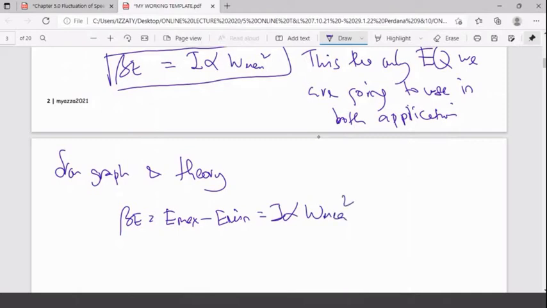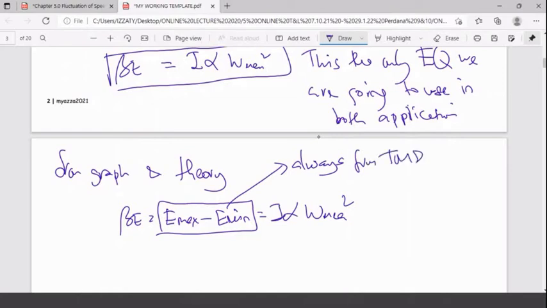And remember, yeah, this one always comes from the turning moment diagram, which provides you basically from energy analysis.